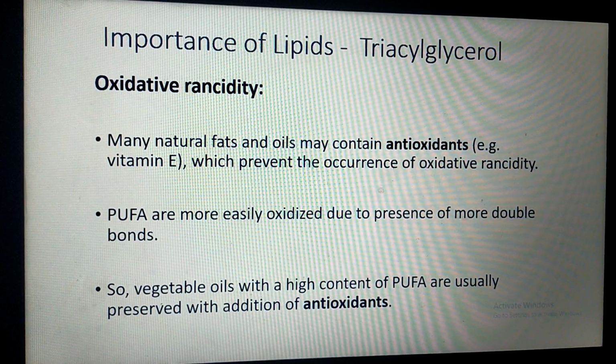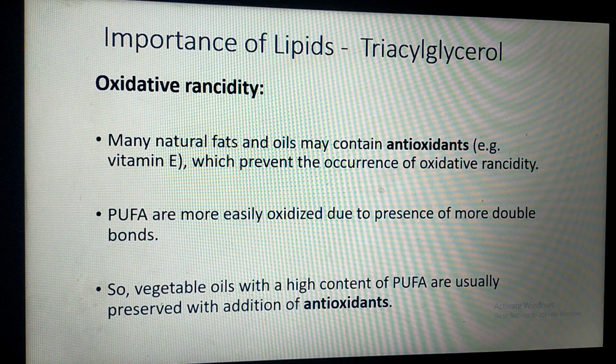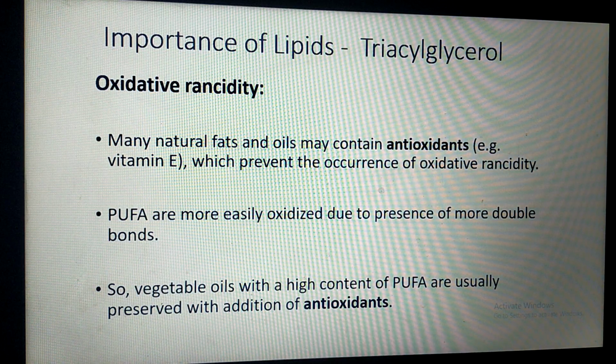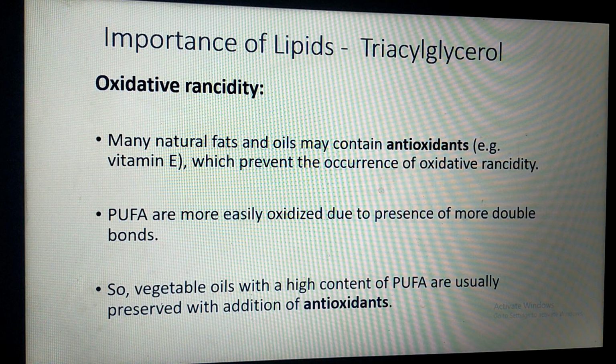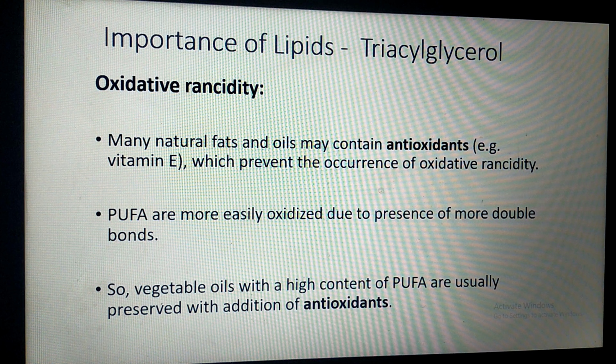Many natural fats and oils contain antioxidants, example vitamin E, which prevent occurrence of oxidative rancidity. Polyunsaturated fatty acids are more easily oxidized due to presence of more double bonds, just we have studied. So vegetable oils contain triglycerides with polyunsaturated fatty acids.